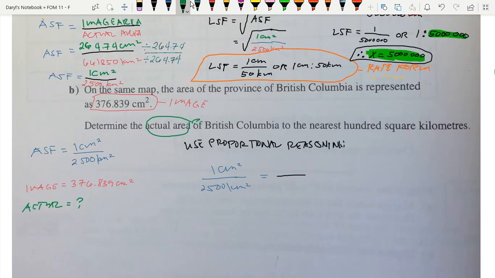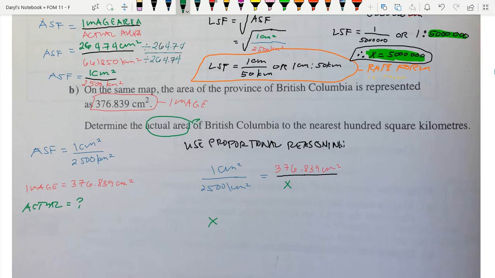So this is the question mark, the actual, and we know the value of our image, 376.839 cm squared. So how do we solve for x here? We just cross multiply.